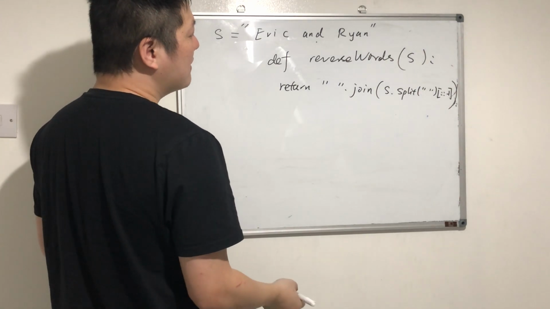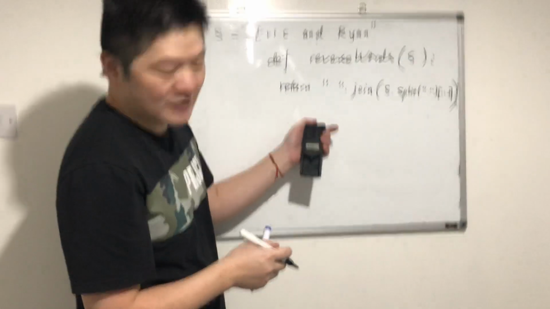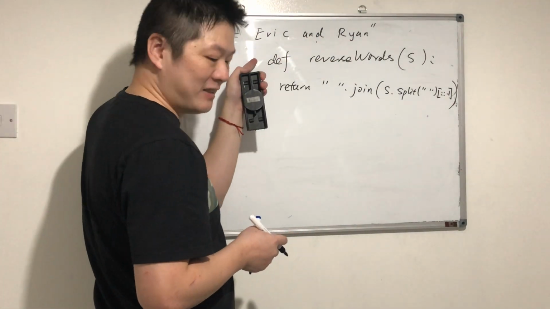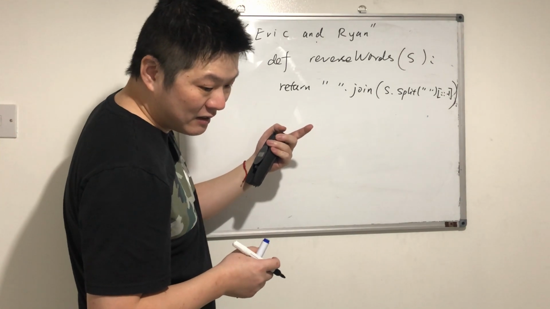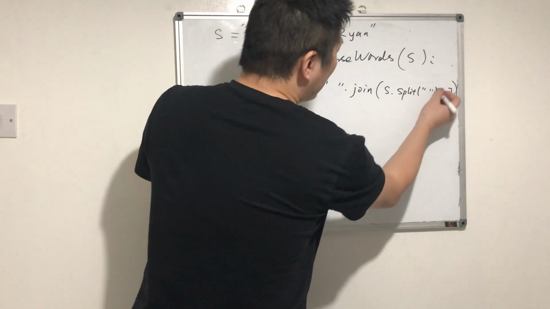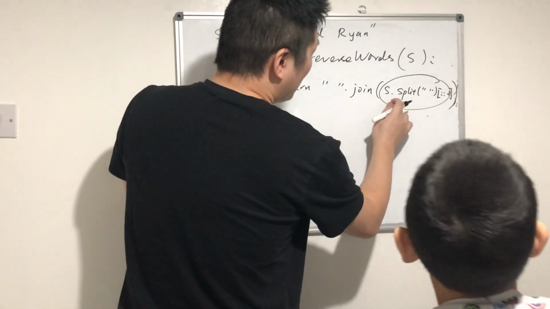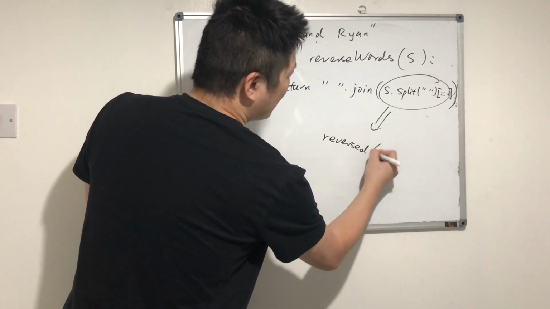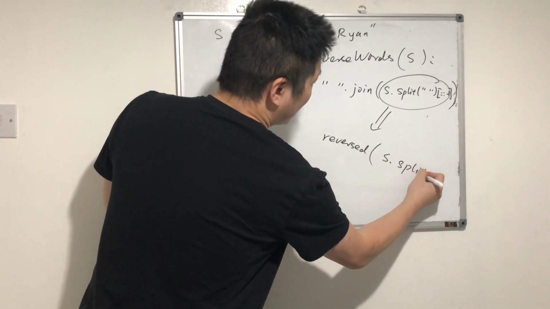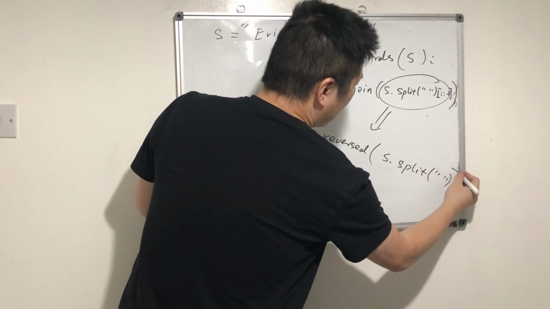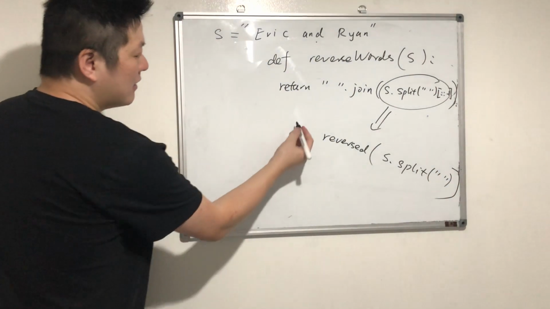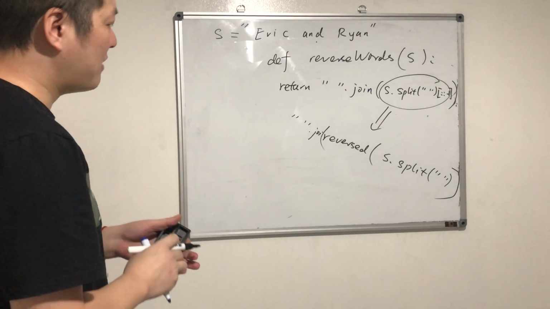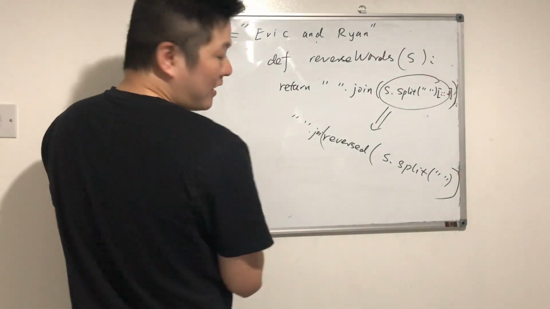That's it. So this is the simple way to make Eric and Ryan become Ryan and Eric. Or alternatively, you can use reversed(S.split()), it's the same thing, then join. Do you get it?